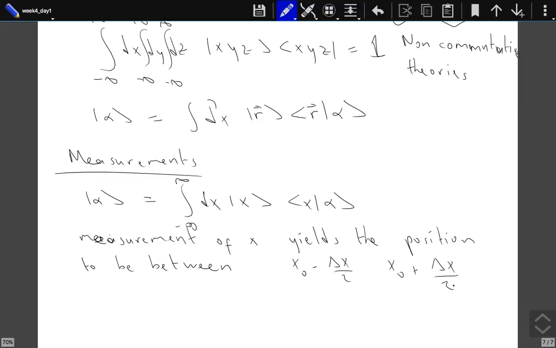So this is basically what we have. We make a measurement of the position, and we find that the position of the object is between these values. So how do you make the measurement?